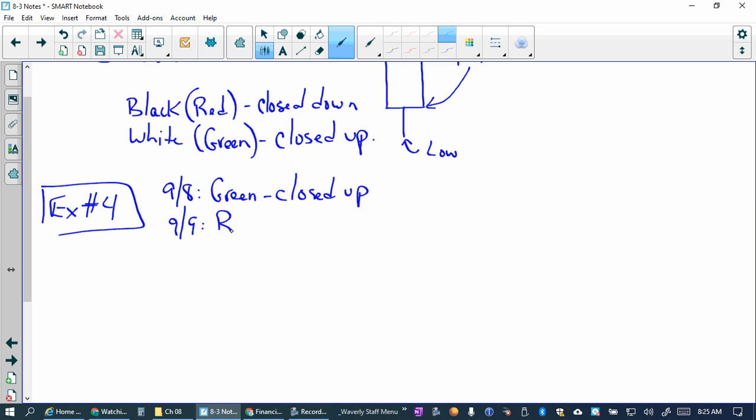It's red, so it closed, it went lower. It lost value, right? Closed down. All right? Pretty simple, you say? So with these, you have to add a color to get the information you need, right? You have to think about what color it is.